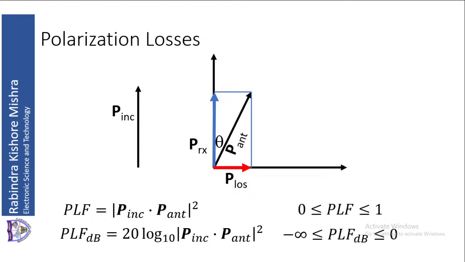So that will be the limit in dB, because if you take the dB of 0, that will be minus infinity. If you take the dB of 1, that will be 0. So PLF in dB will be between minus infinity and 0. PLF in absolute value will be between 0 and 1. This is about polarization losses.